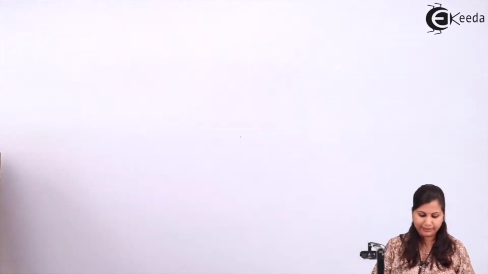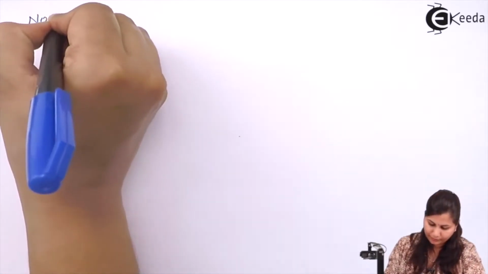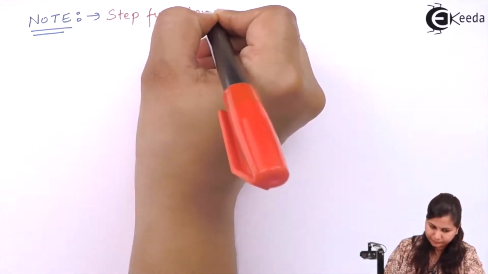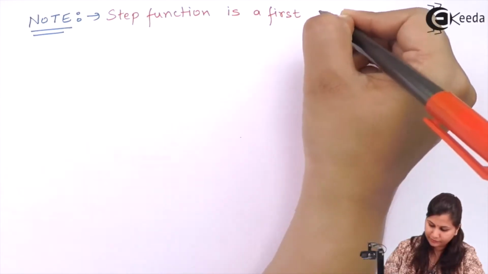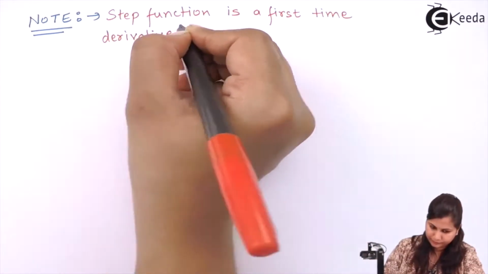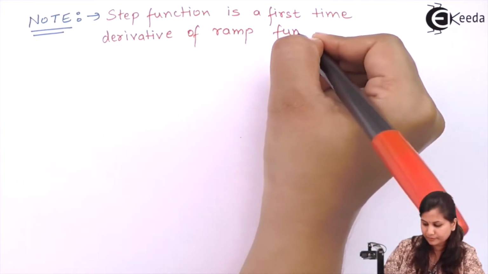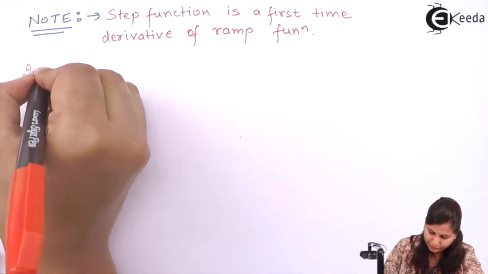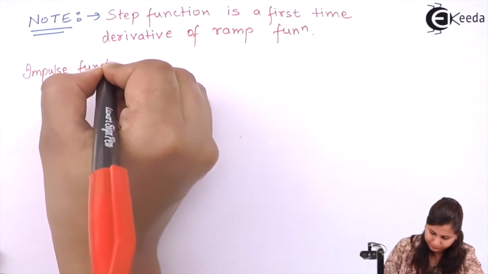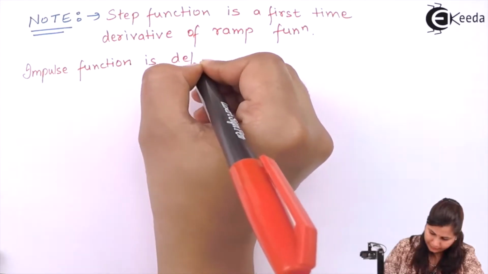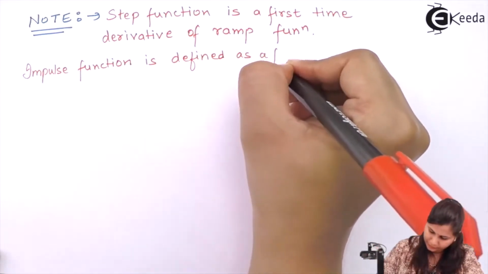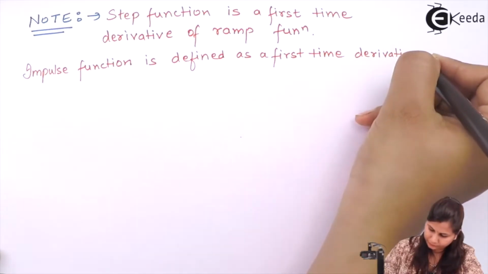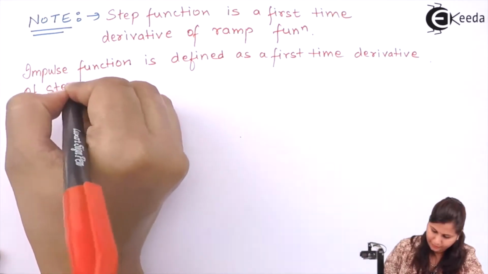Now keep one thing in mind, there is a special note here: the step function, or the step input, is the first time derivative of the ramp function, and the impulse function is defined as the first time derivative of the step function.